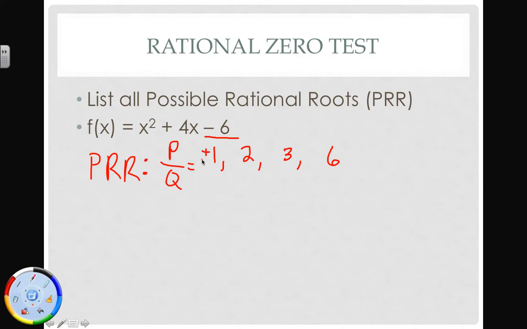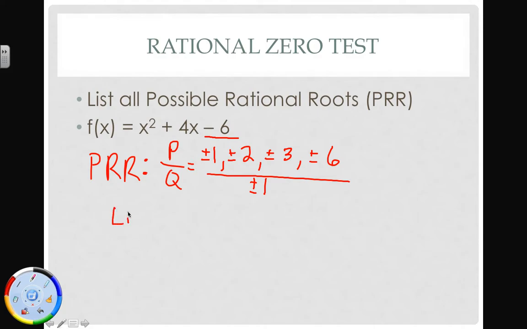It's both versions, plus and minus, for all 4 of these. So that's all of my possible numerators for my rational roots. And then my denominator here is all of the factors of the leading coefficient, which is 1, which is nice because when it's 1, it makes it super easy because 1's the only choice.